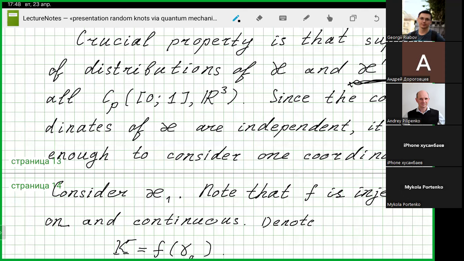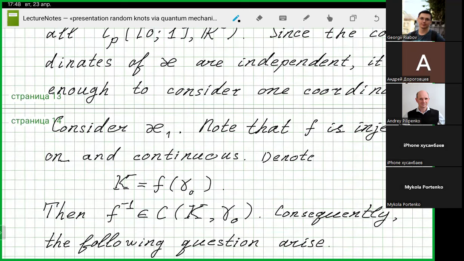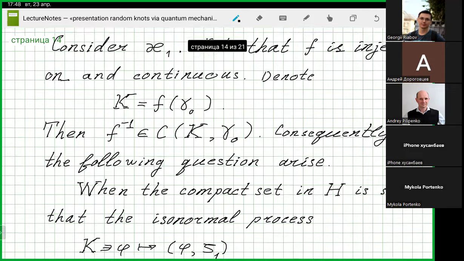Consider kappa 1. Note that F is an injection and continuous. Denote by K the image of gamma 0. It is trivial that K is compact. And it is well known that if we have an injection which is continuous and so on, then the function f minus 1 is also continuous. Consequently, the following question arises.